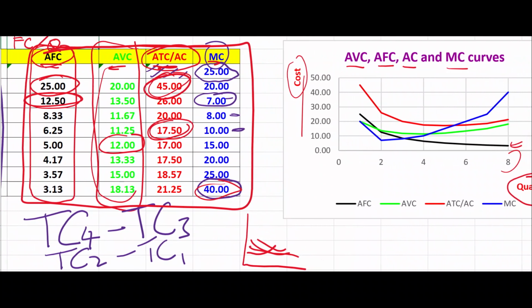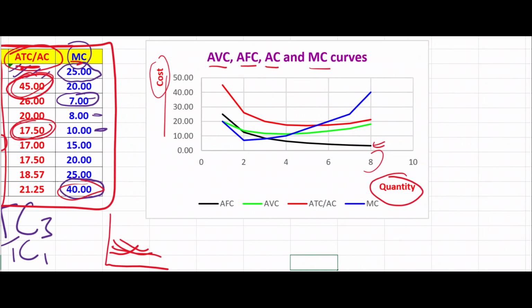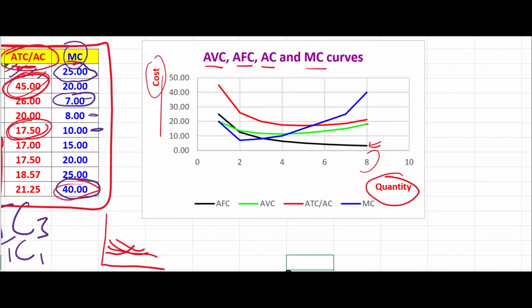Average variable cost, you can see it's U-shaped, starting off up here at 20 and going down as low as 11.25 and back up to 18.13. That's reflected in that U-shape, the green. Your average cost curve will be U-shaped, that's the red one.